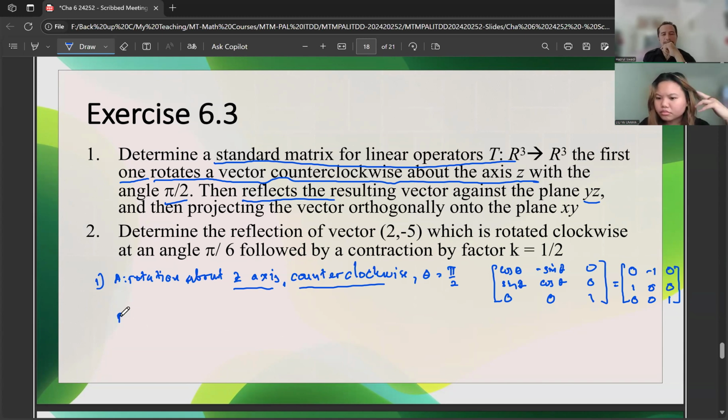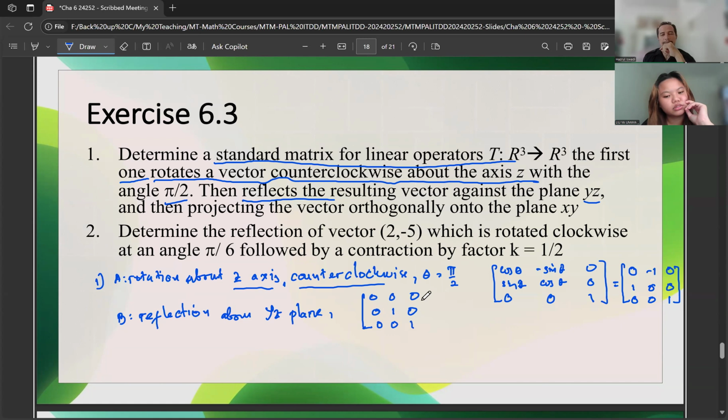So the matrix B will be reflection about the YZ plane, and the standard matrix is easy: minus 1, 0, 0; 0, 1, 0; 0, 0, 1. The first row will be changed.